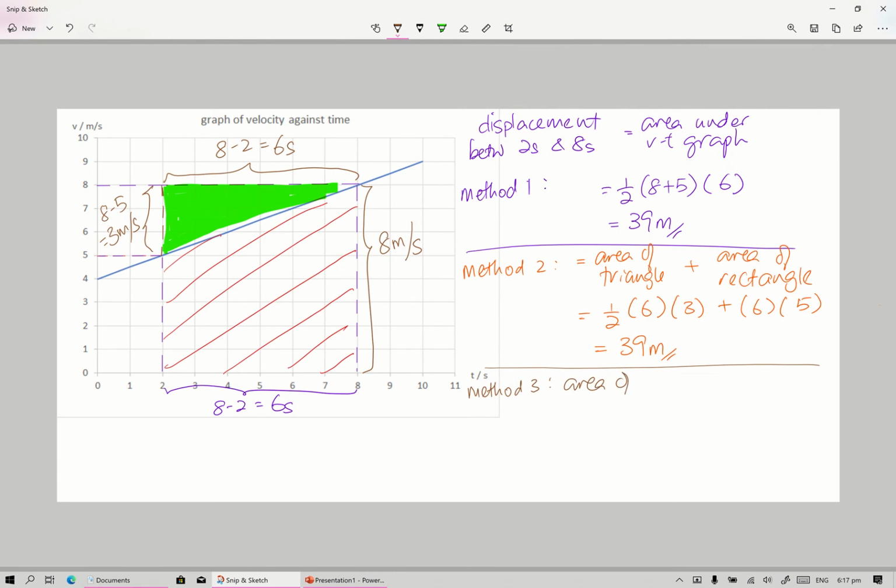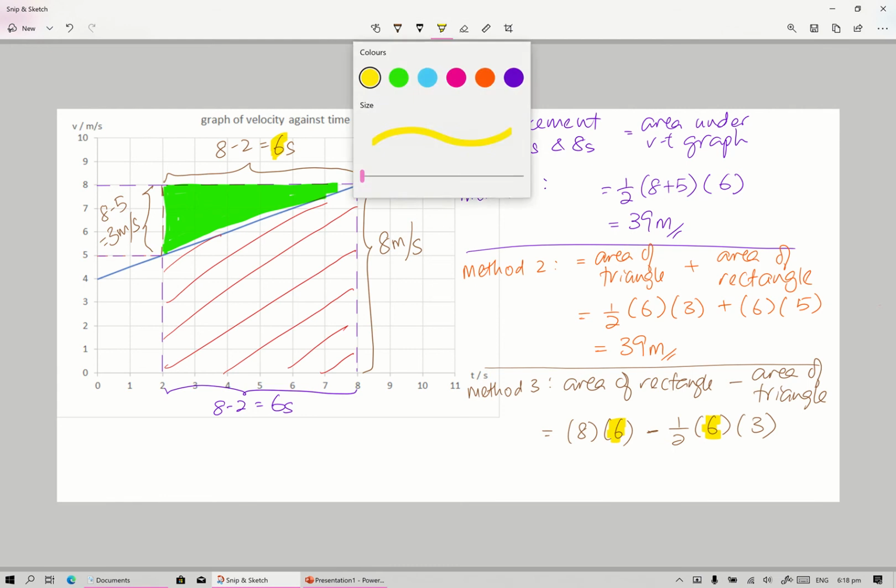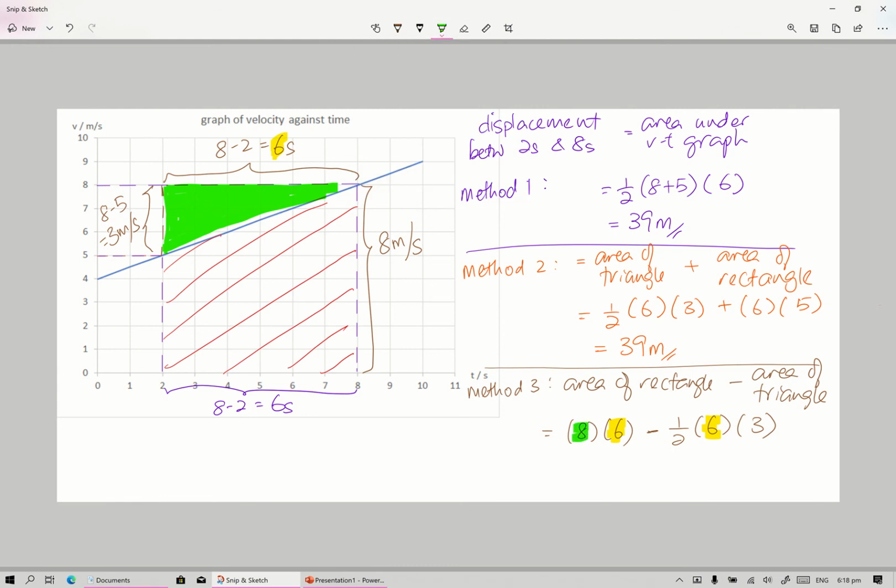So what you have is the area of a rectangle minus the area of the triangle. And that will give me 8 times 6 minus half base times height. 6 comes from here, and this is your 8, this is the 8.